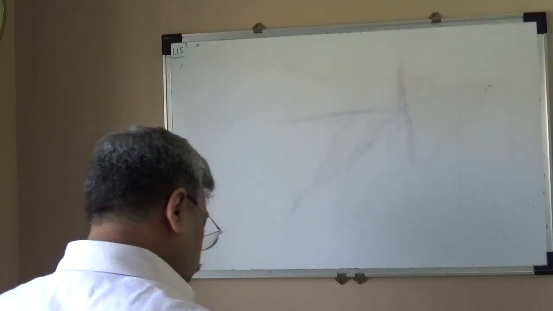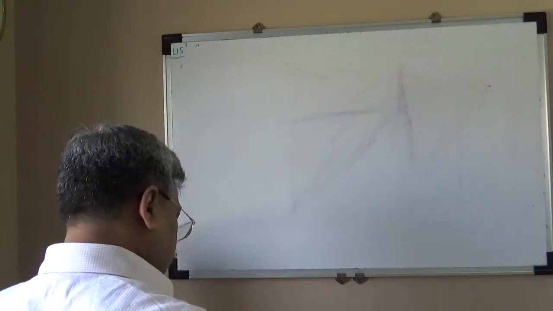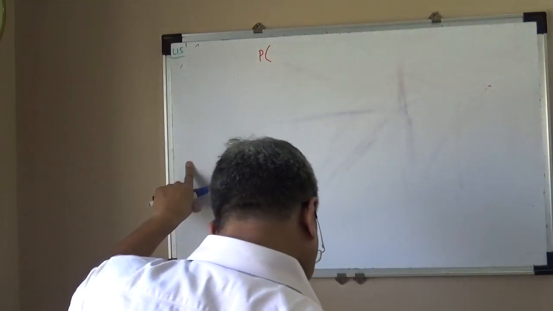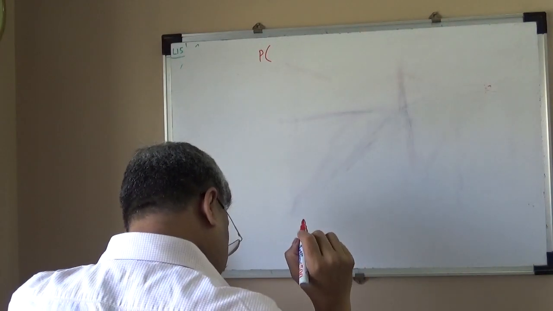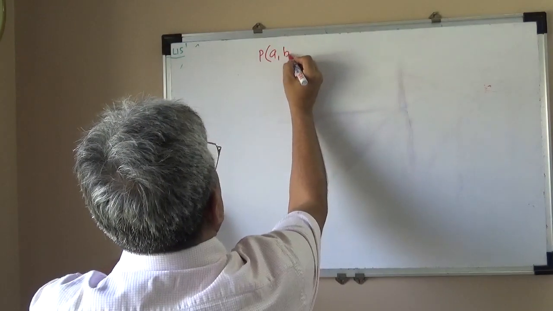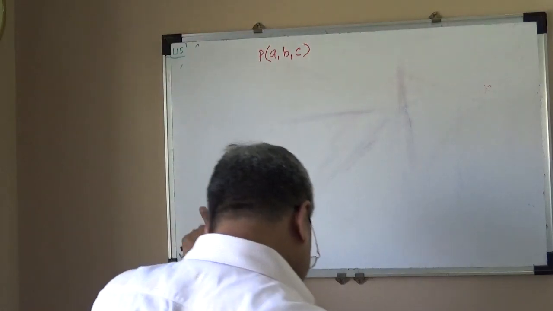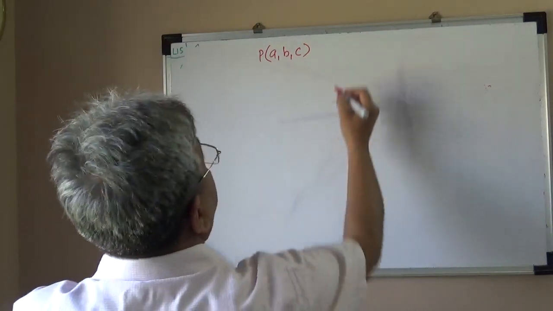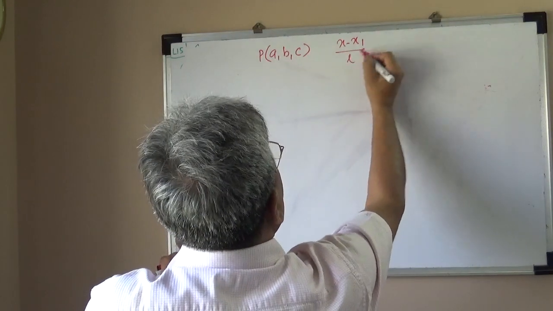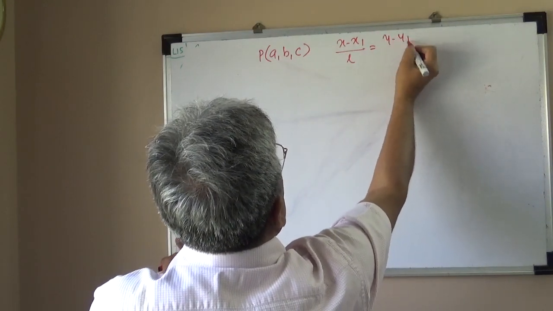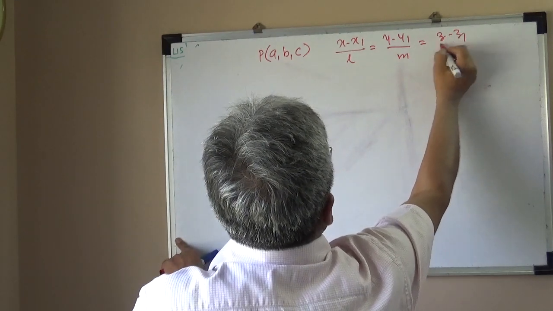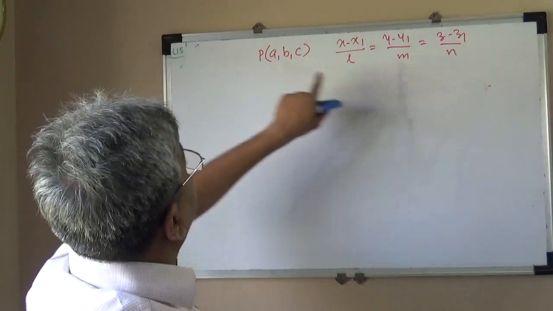Okay, so the point P is A comma B comma C, and the equation of line is (x minus x1) upon L, (y minus y1) upon M, (z minus z1) upon N. Suppose this is the line and this is the point.